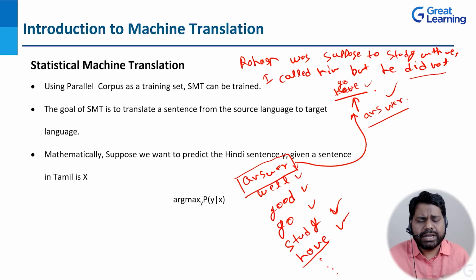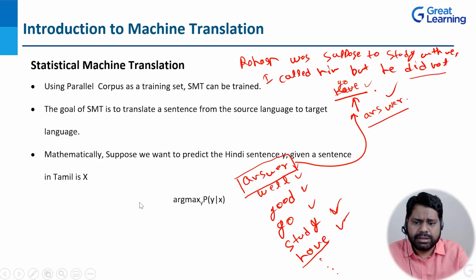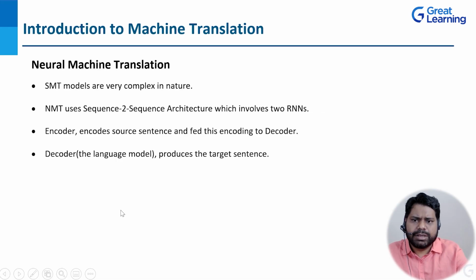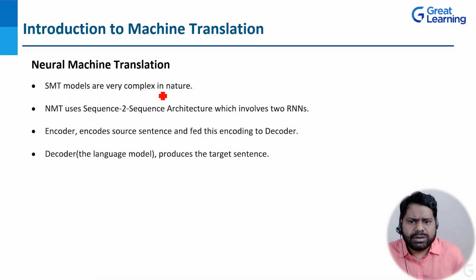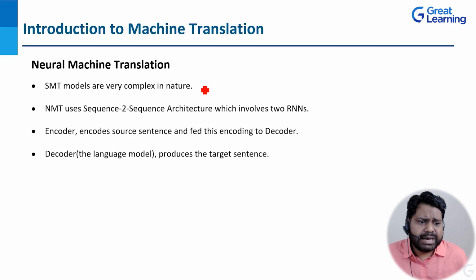In order to tackle this issue, we have a model known as the neural machine translation model. Now let's see what it is. The SMT model was very complex, and we saw with the example that sometimes it does not perform well.